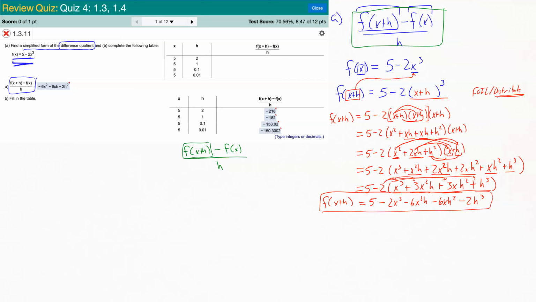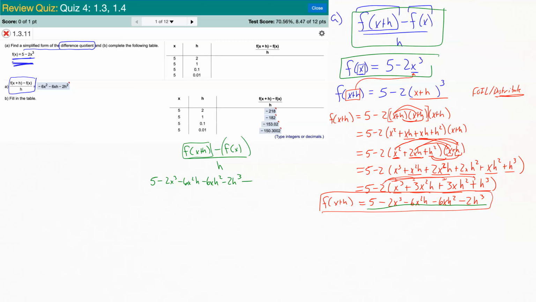The f of x plus h piece is this huge equation that we just found. So that would be 5 minus 2x cubed minus 6x squared h minus 6xh squared, and then minus 2h cubed. And then we do minus, and the critical step on this is that f of x needs to be in parentheses.